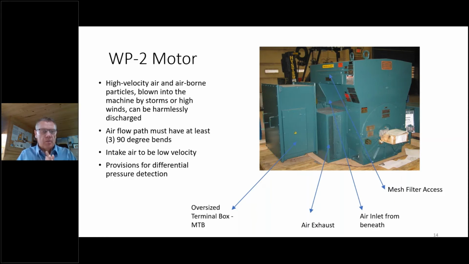And I thought, because it's in the picture, I'd show you how large terminal boxes can be. This motor would typically be for a petrochem application with something called an API standard, so they have very large terminal boxes because of some of the extra protection equipment that goes into the main terminal box.